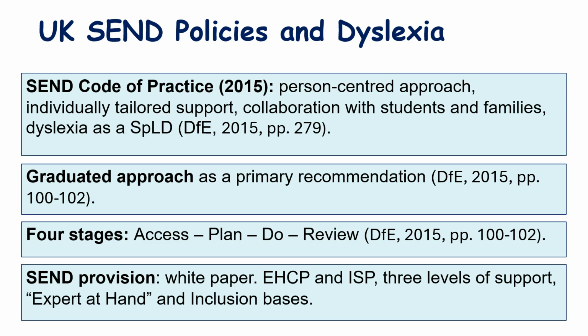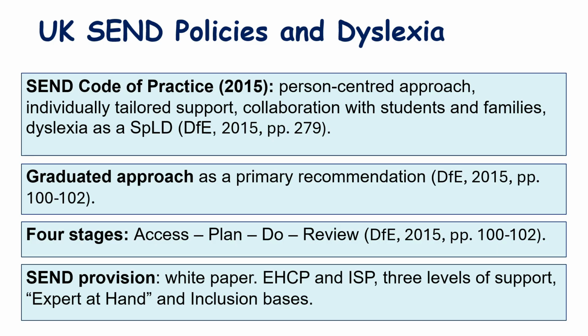It identifies dyslexia as one of the specific learning difficulties. The SEND Code describes the graduated approach as a continuous cycle of 4 stages: assess, plan, do, review, adjusting provision at each stage. This approach is effective for students with dyslexia, whose support requirements can shift significantly as they develop.